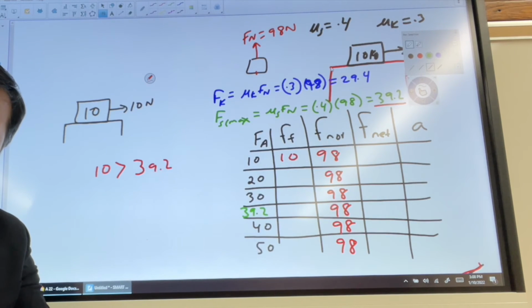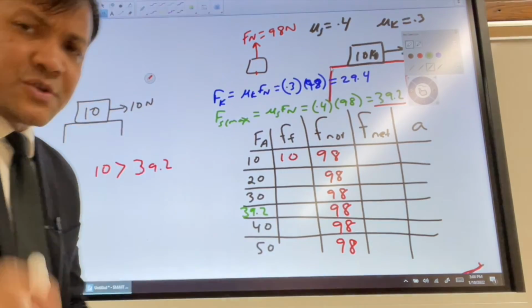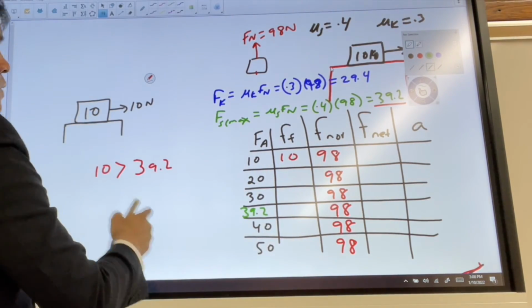But the ground can only do so much. In this case, the ground can do only 39.2. If you apply more than 39.2 and pull it, the ground will give up. So make sure you understand that part. So the friction is 10.